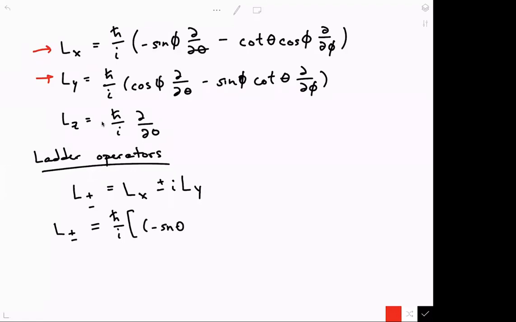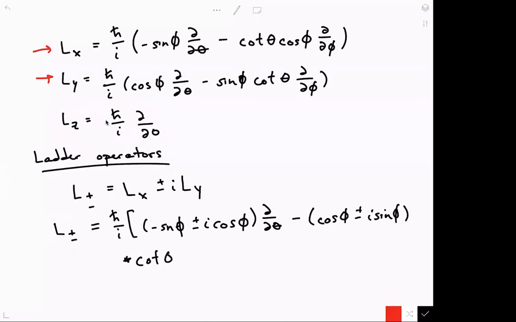I've got negative sine phi plus or minus i cosine theta. So we're grouping things together, like instructions, d theta, minus cosine phi plus or minus i sine phi, both times, there's a multiplier here, so both times cotangent theta d phi.